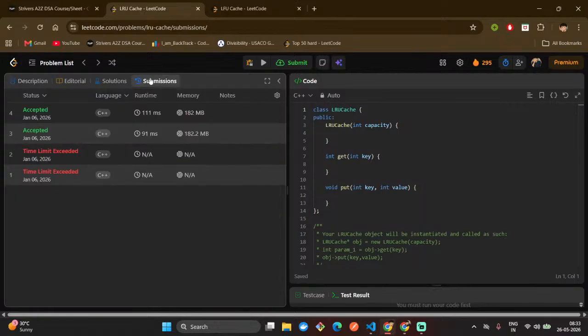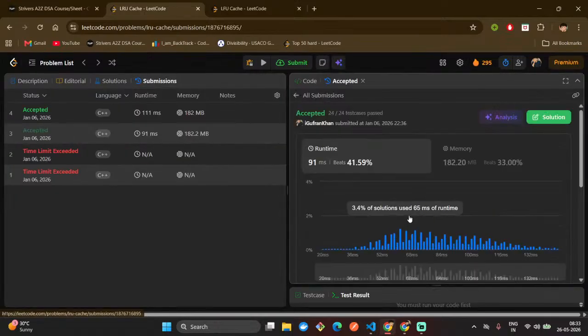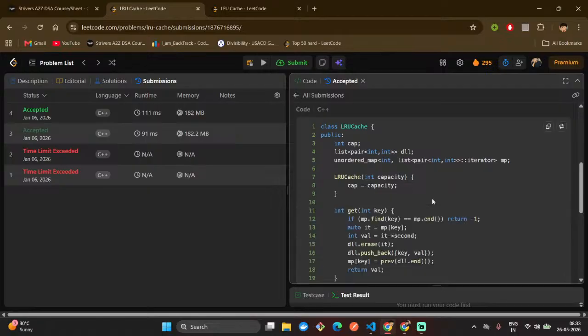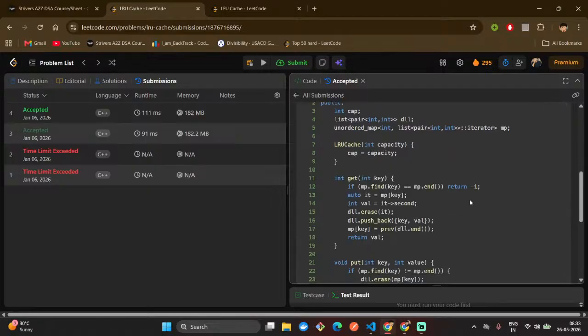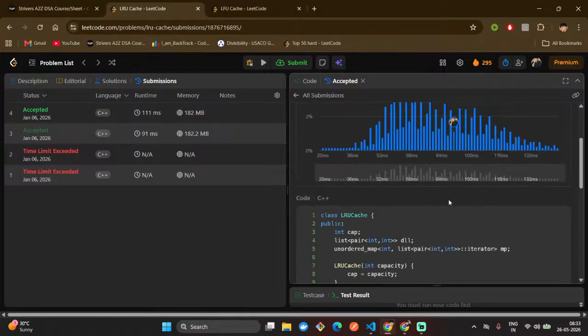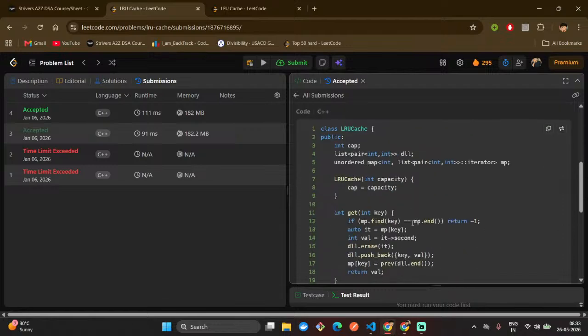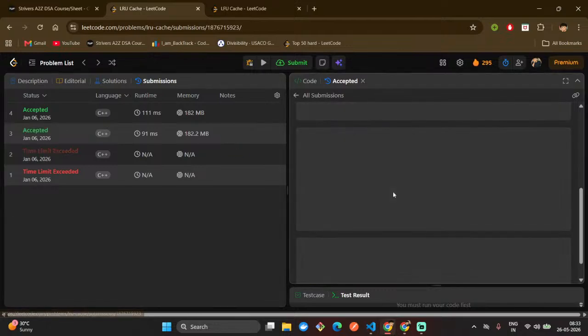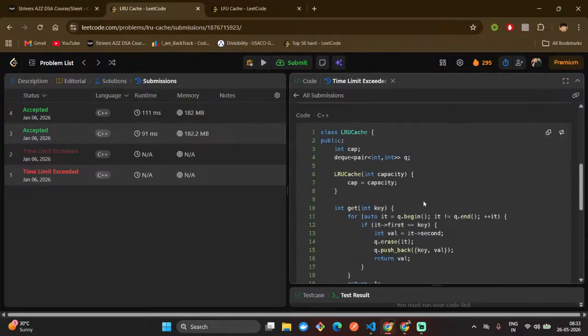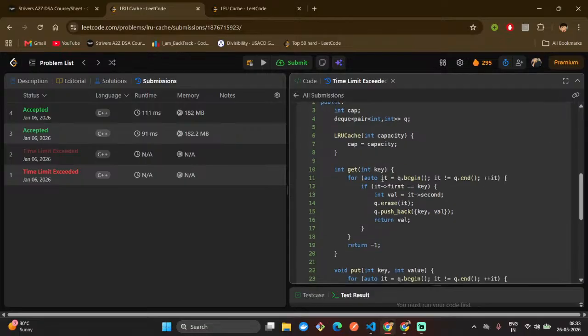I solved this problem using what? I'm using a map and a list iterator. No, I solved this problem using this, this is my solution. DQ, yeah, DQ.